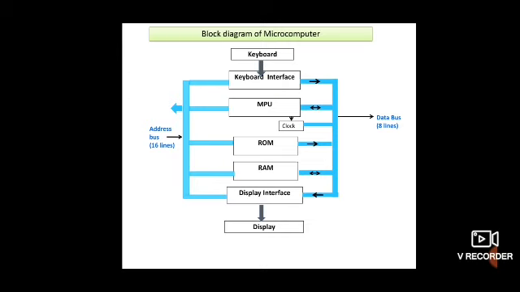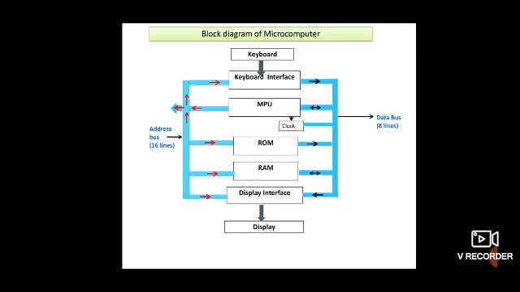Why? Because this is a unidirectional bus. See all the arrows in the address bus, all arrows are in one direction. So it is called a unidirectional bus.